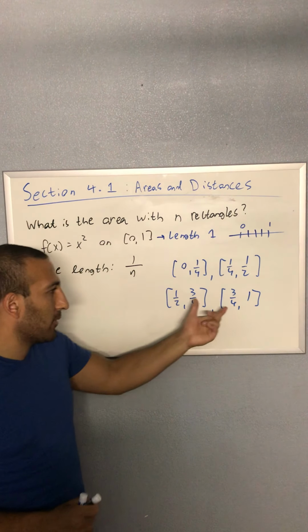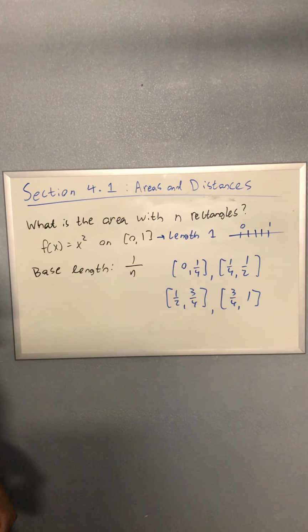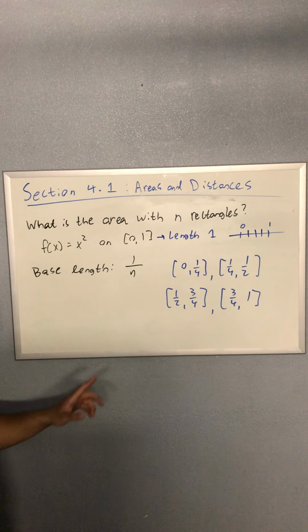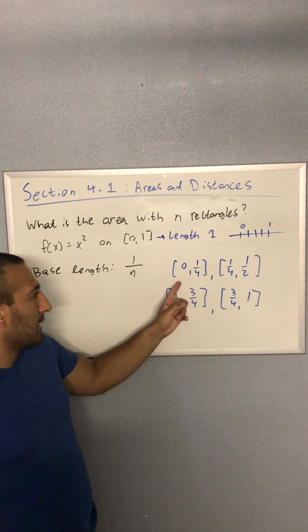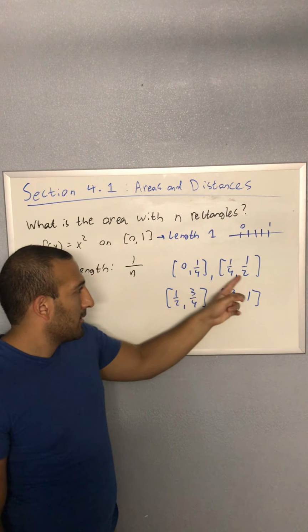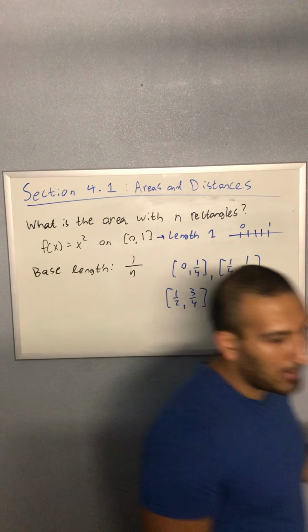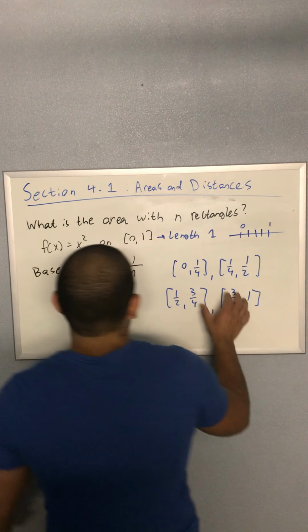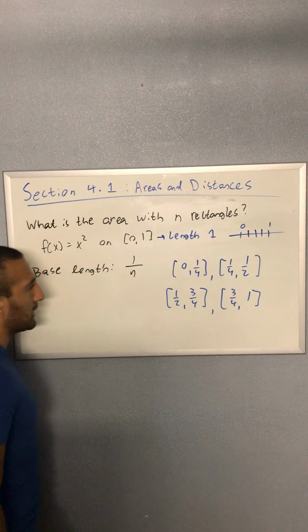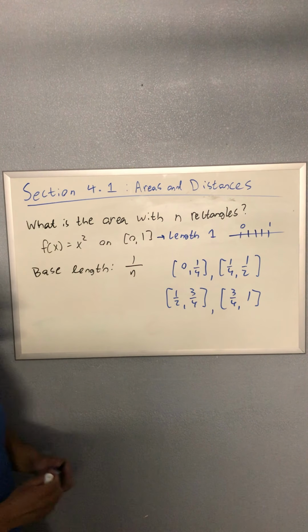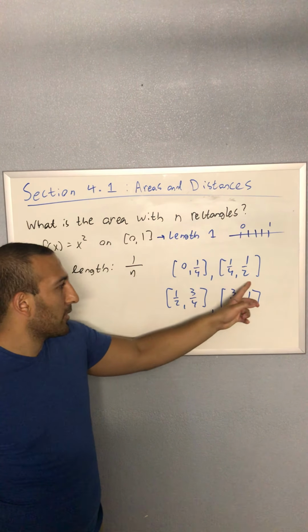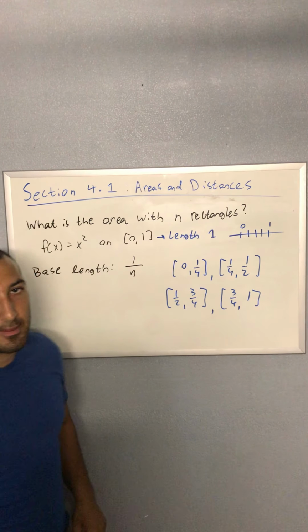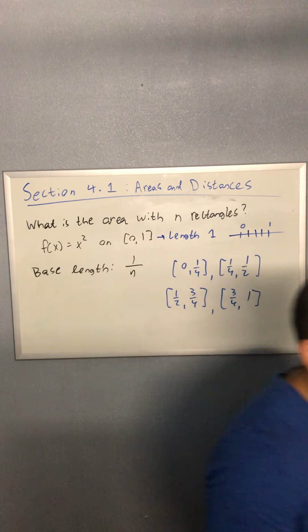So we had these 4 intervals. This will help us figure out the points that we're going to use. Because when we used the right endpoints, last time we used 1/4, 1/2, 3/4, and 1. Those are the 4 points that we used.